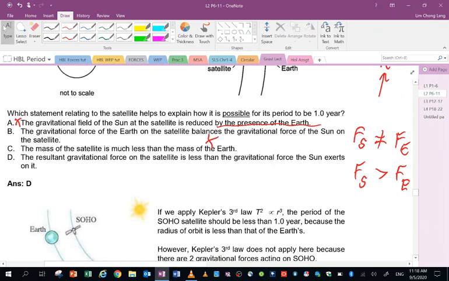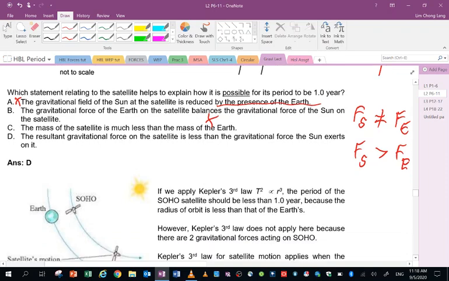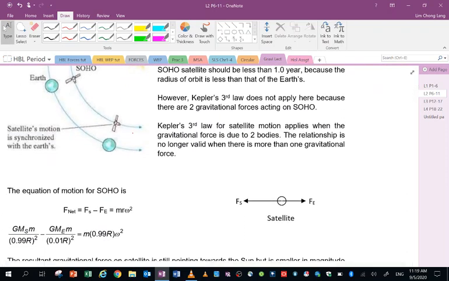D, the resultant force on the satellite is less than the gravitational force the Earth exerts on it. This is correct because look at this. You have a net force acting on the satellite. Fs is more than Fe. So this will have to provide the resultant force.